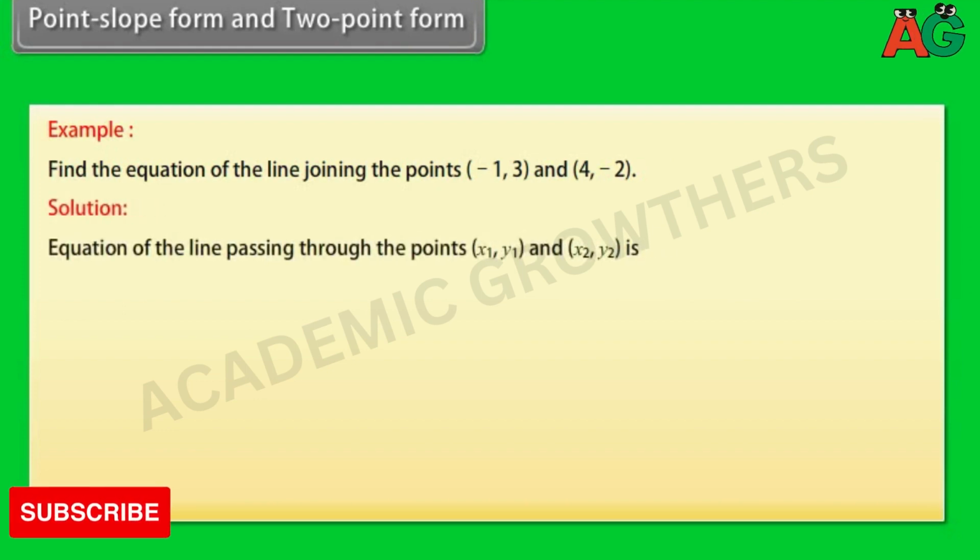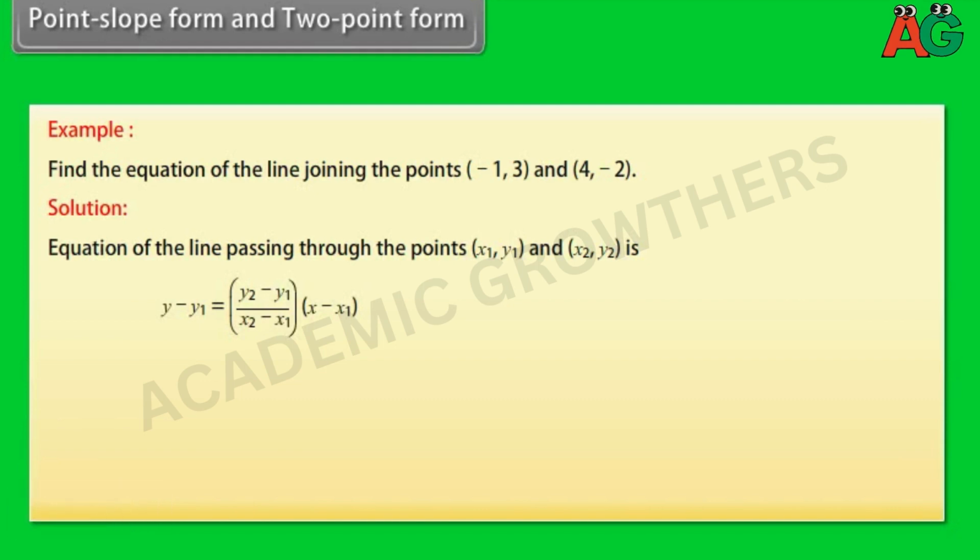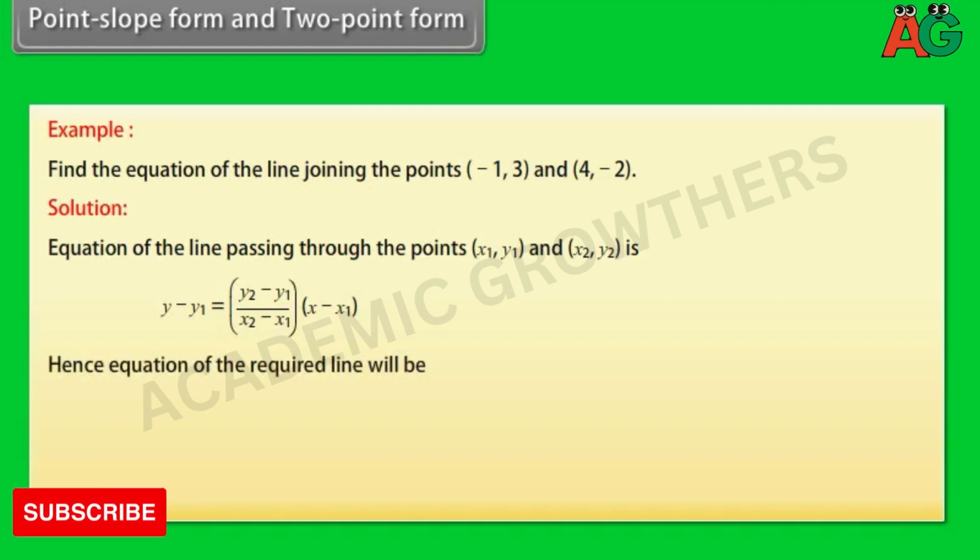Equation of the line passing through the points (x1, y1) and (x2, y2) is y minus y1 is equal to (y2 minus y1) by (x2 minus x1) into (x minus x1). Hence, equation of the required line will be x plus y minus 2 is equal to 0.